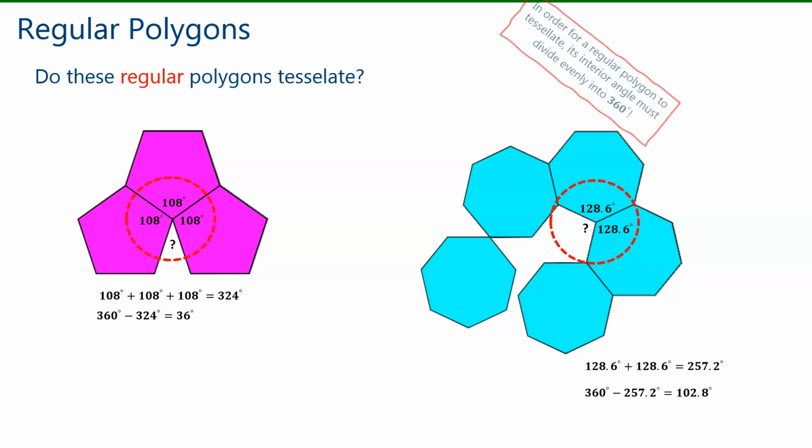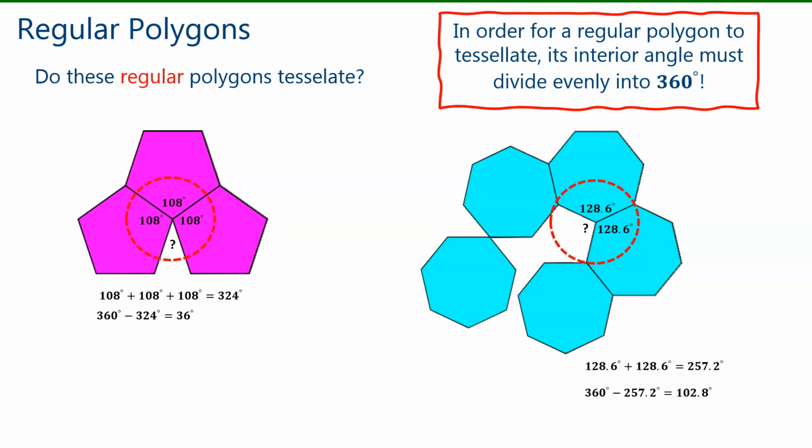In fact, in order for a regular polygon to tessellate, its interior angle must divide evenly into 360 degrees. So neither 108 nor 128.6 divide into 360 evenly, so they will not work.